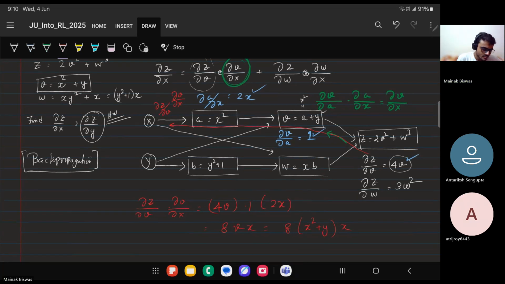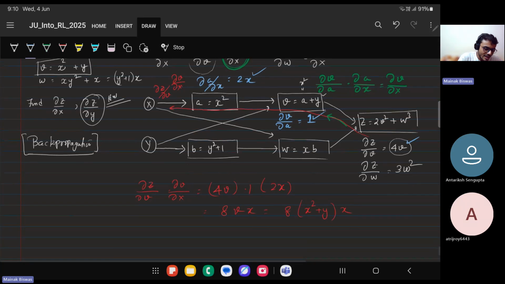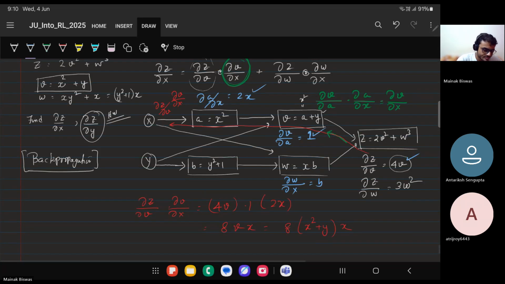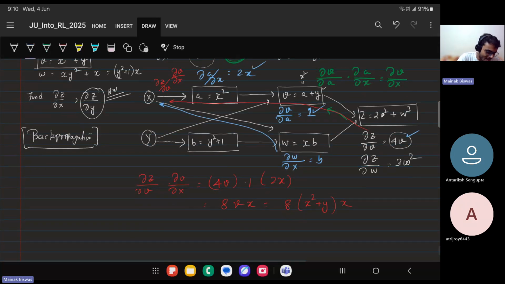Similarly, I can go the other way as well. Dow w, dow x is equal to b. Do you agree? Because I want x at the end of the day. See, now this can also go back through this route. So every route you went forward by, you have to propagate your gradients or your derivatives back through that route by multiplying them.